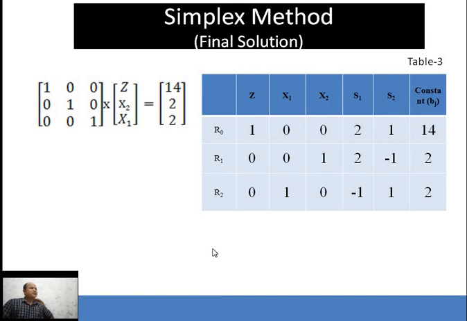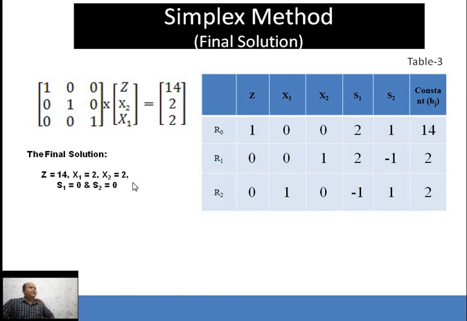So from this matrix relation we get the final solution. The final solution is Z is equal to 14, x1 is equal to 2, and x2 is equal to 2.